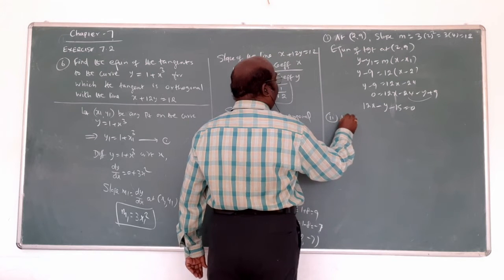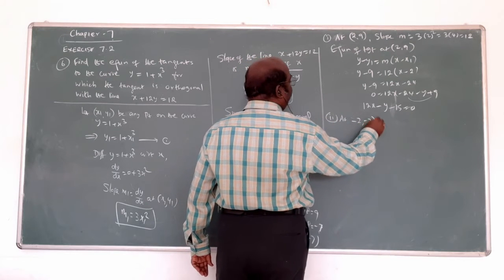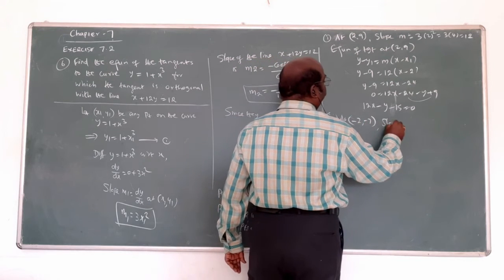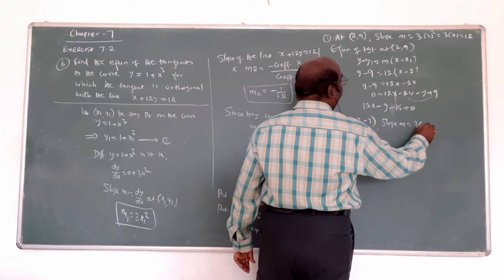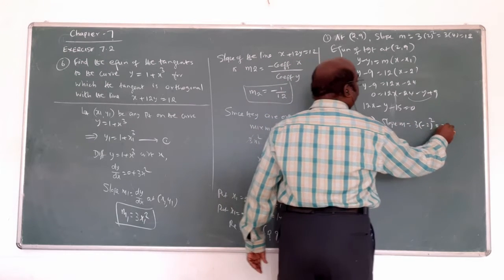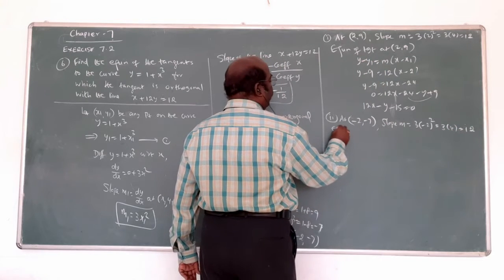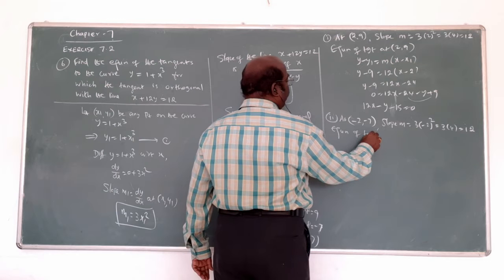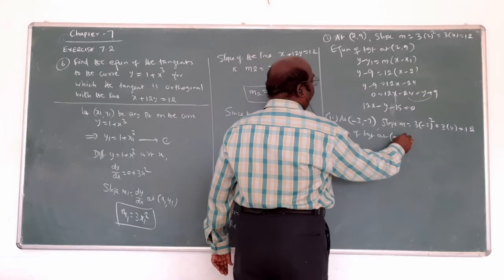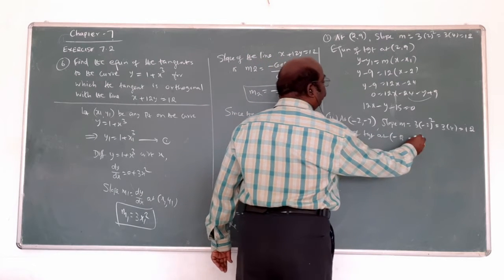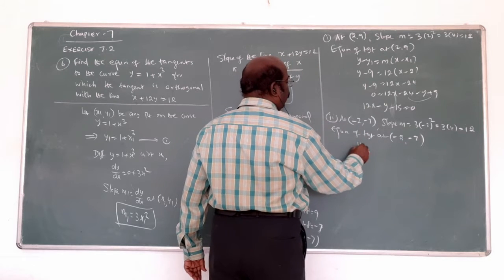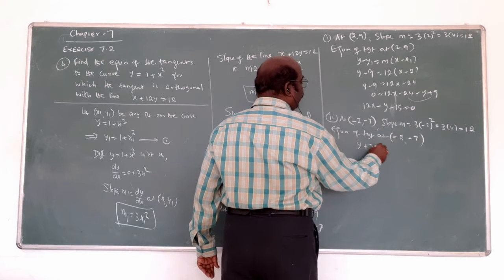Similarly, at minus 2, minus 7, again the slope is what? 3 into minus 2 whole square. This is also 3 into 4, 12. The slope is the same, but the points are different. Therefore, the equation of the tangent at the other point, minus 2, minus 7: y minus y1 is y plus 7.